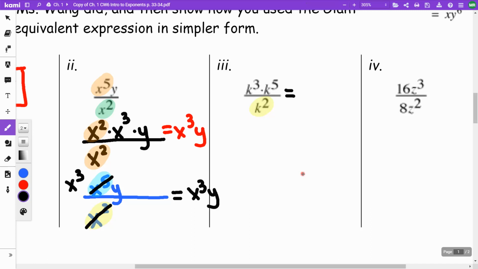So I'm going to take 2 from top, which gives me 6 left over, and 2 from bottom, which cancels out, and I am left with k to the 6th. So I was left with 1 there, which gave me 6 total.